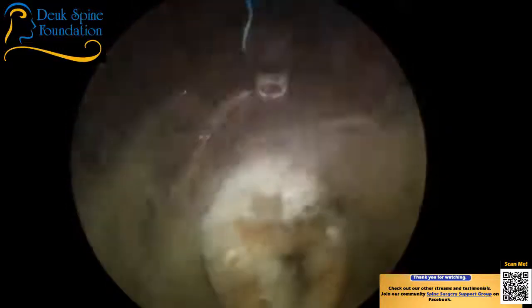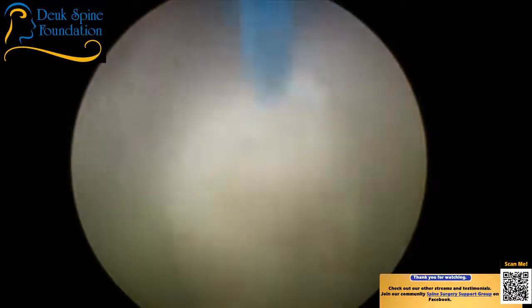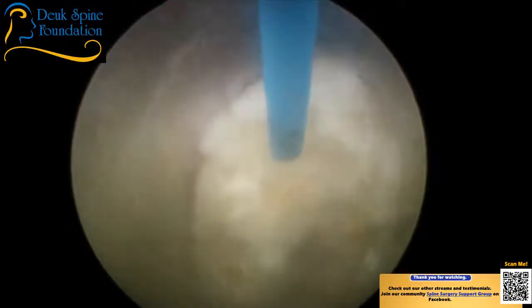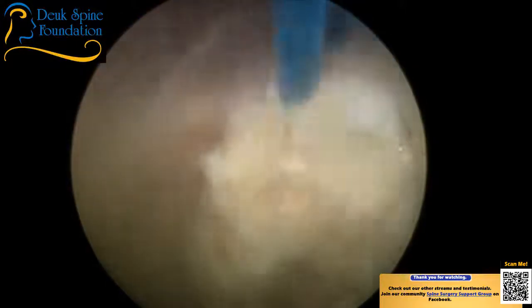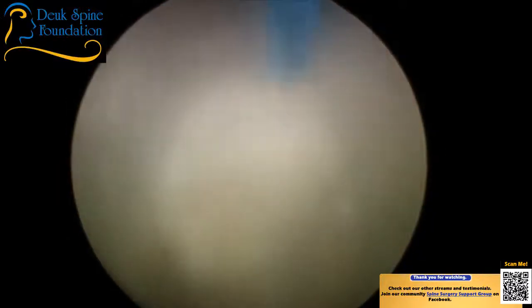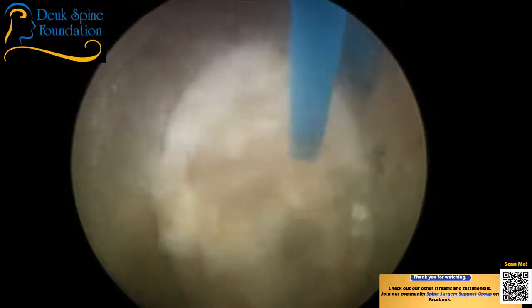So this surgery you're watching is the most state-of-the-art spine surgery in the world. 95% of spine surgeons in the world that would treat this painful L5-S1 disc would do a fusion. Maybe 5% of them would do an artificial disc.